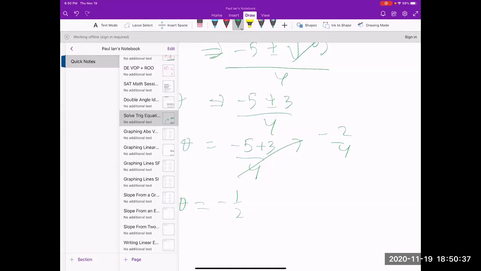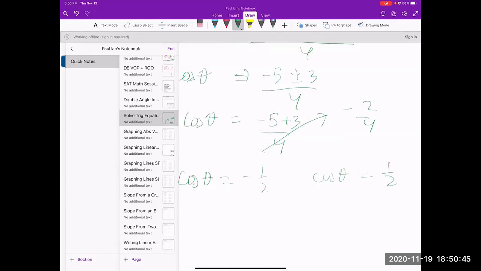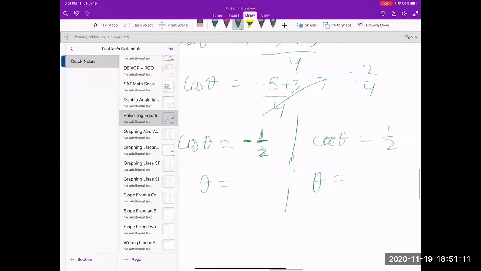Yeah, positive 1/2. Did you do this? I didn't use that, but you just used a calculator for the quadratic. So you should get the same number. So when is cosine theta equal to negative 1/2? I think it's 2 pi over 3, right? Okay, yeah, 2 pi over 3.